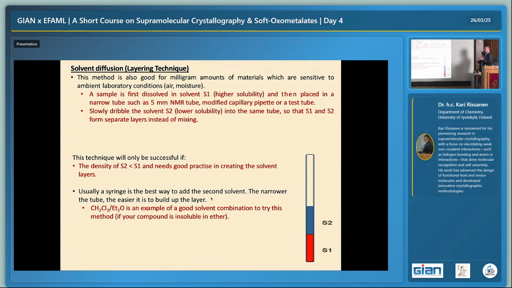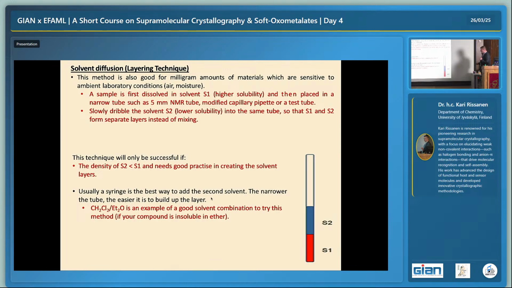And now what happens, this is a very sensitive technique, and it doesn't tolerate movement at all. It's very easy to understand, because what we want here is that the stem remains calm, but what happens here is that S2 starts to diffuse into S1. So it means that the local concentration, or the local solubility of our target in this area will go down, because it's not soluble in S2, it's only soluble in S1.